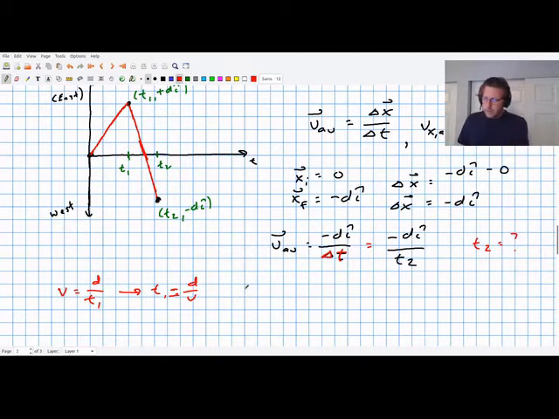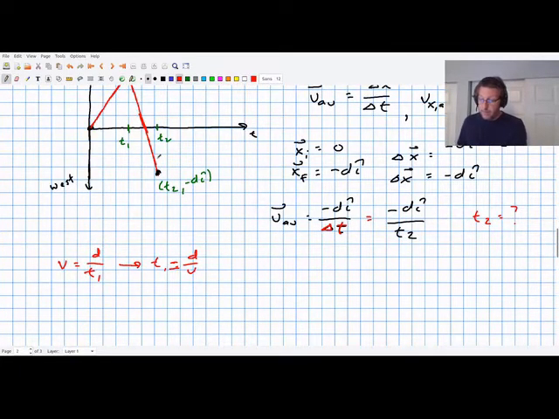What about this time frame from t1 to t2 when they're traveling 1.5 v? So during that time frame, I have 1.5 v equals 2d, because they had to go all the way back to where they started from and then that same distance d again, divided by the difference between the two times, t2 minus t1.